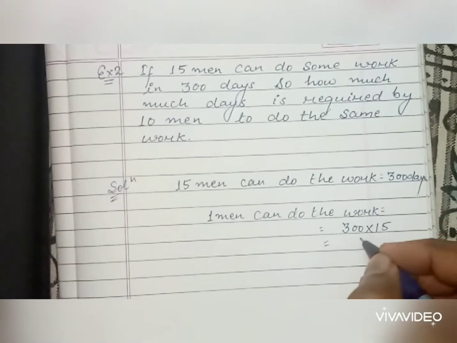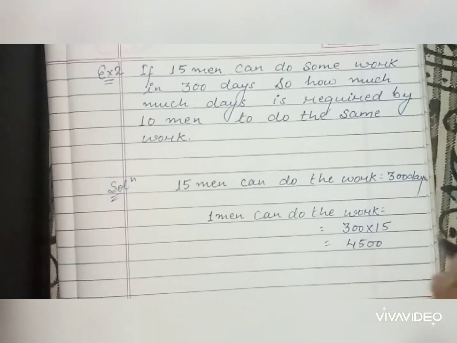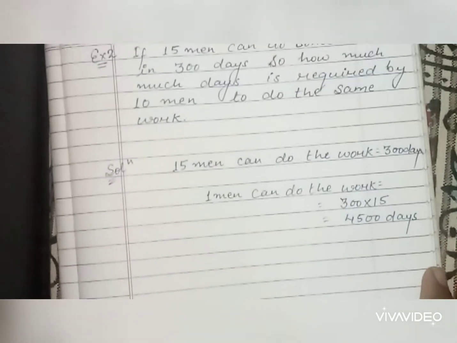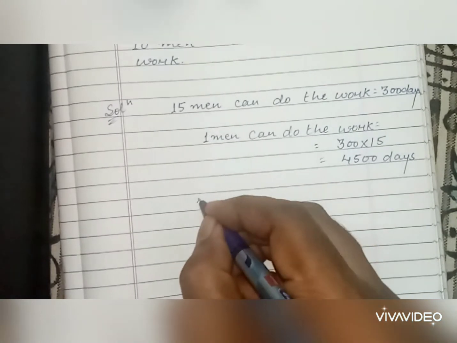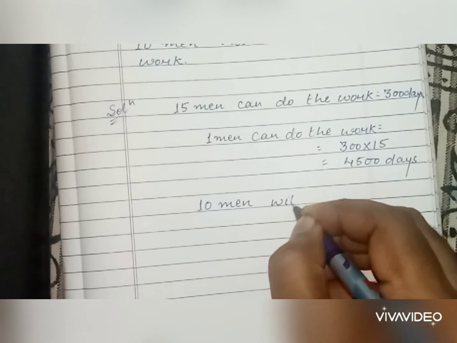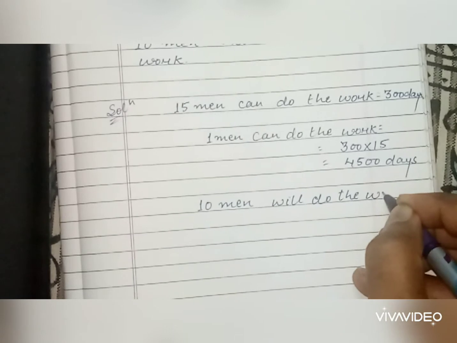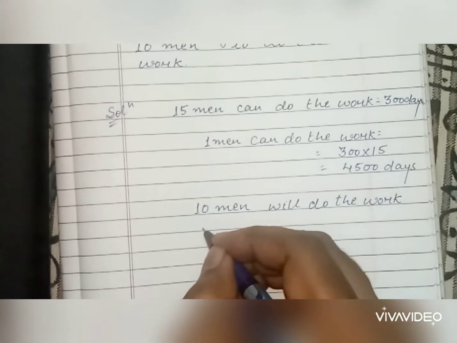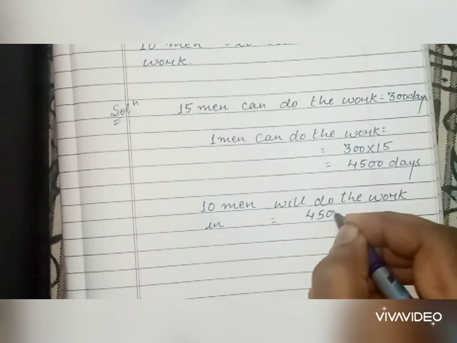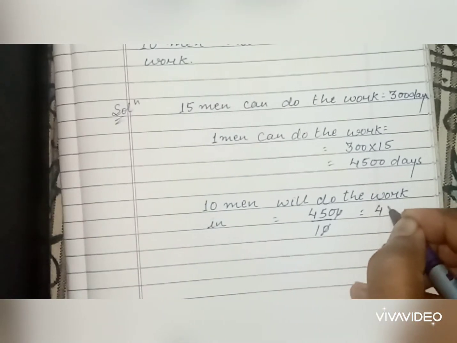So it will be 300 into 15, that is 4500 days. Clear? Now 10 men will do the work in 4500 divided by 10. So your answer is 450 days.